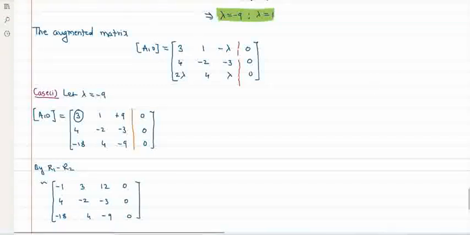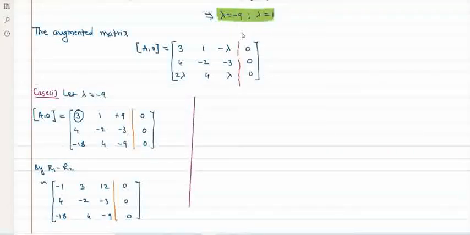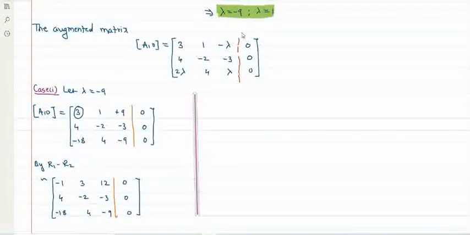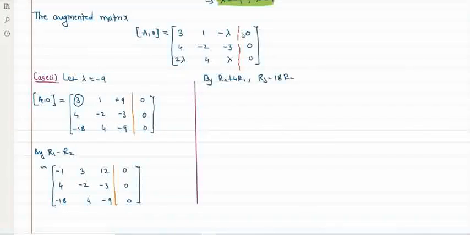Okay. Now tell me transformations. R2 plus 4 R1, correct. R2 plus 4 R1 and R3 minus 18 R1.